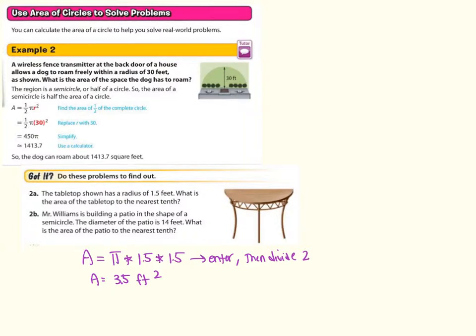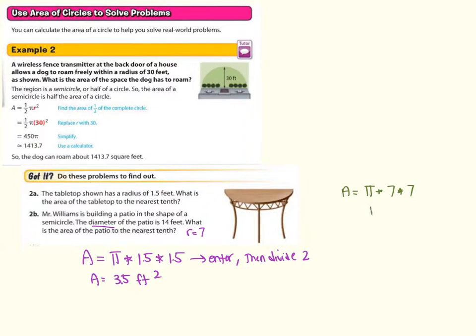All right. The additional step in 2B is that they give you the diameter. So go ahead and cut 14 in half to get the radius, and that's going to be 7. So in your calculators, let's just go ahead and put pi r squared, or 7 times 7, which is 49. So you can actually easily do that in your head.